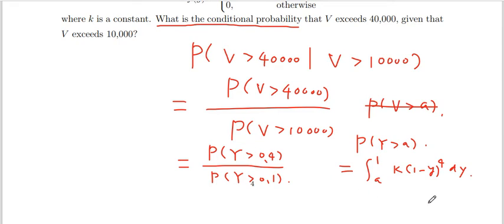We forget about k, or we can put k on the other side so it cancels. This one is substitution. We let t equal 1 minus y, so dt is negative dy. When y equals 1, t becomes 0, and the other limit is 1 minus a.